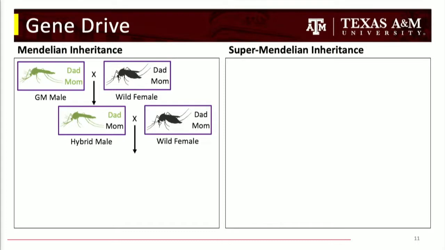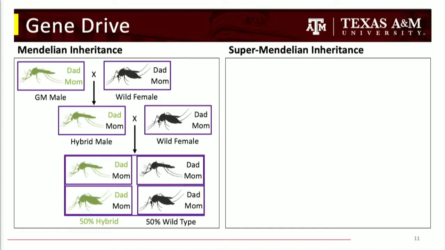And then if the hybrids mate with more wild type, you'll only get 50% hybrid and 50% wild type in the second generation. If that keeps going, 25%, 12.5%, so you can see that the genetically modified gene is not pushing through the population, it's being diluted in the population. And so that's why we want to do gene drive, and that works off super-Mendelian inheritance, so just greater than Mendelian inheritance.